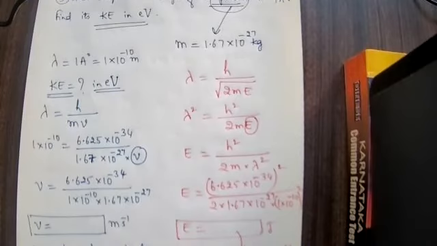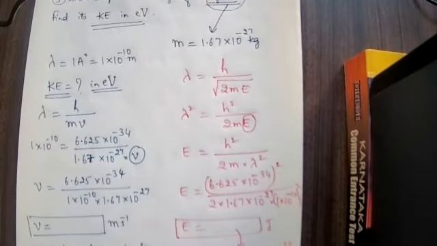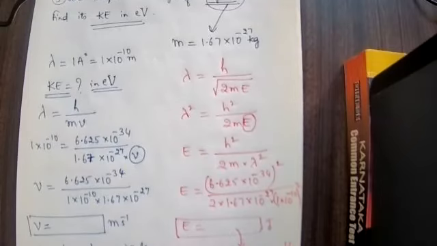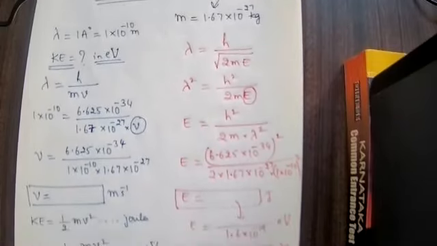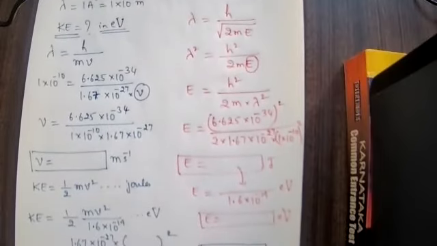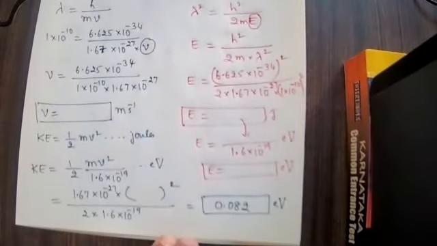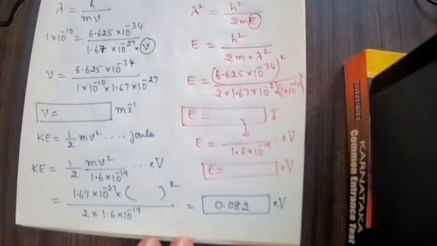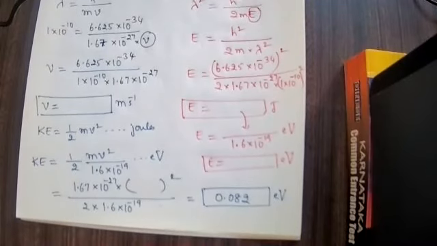0.082. Very good. Okay. I want the last answer. Like this also you do it, and check whether you are getting the same answer or not.